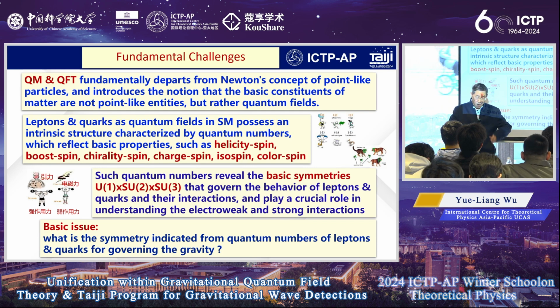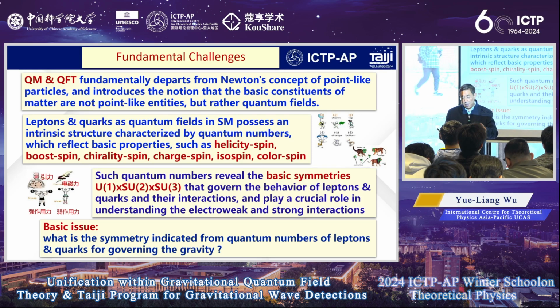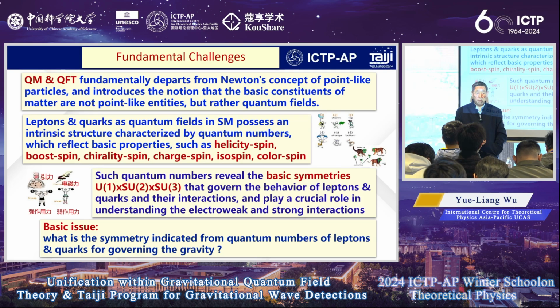We know all matter has gravitational interaction, and we know the fundamental constituents of matter are leptons and quarks. Then we ask how leptons and quarks have a gravitational interaction. So how do we introduce gravitational interaction for leptons and quarks? That means we start from leptons and quarks, the basic constituents of matter. We do not start from coordinates, from geometry.